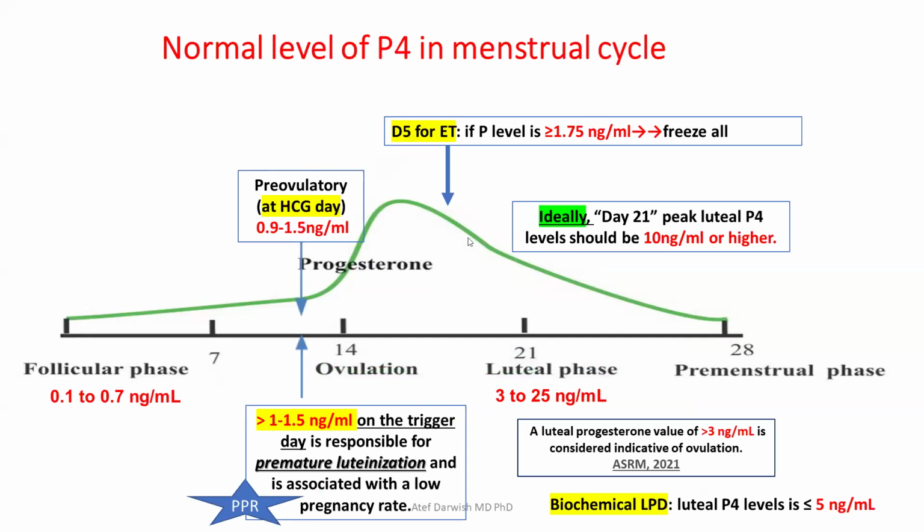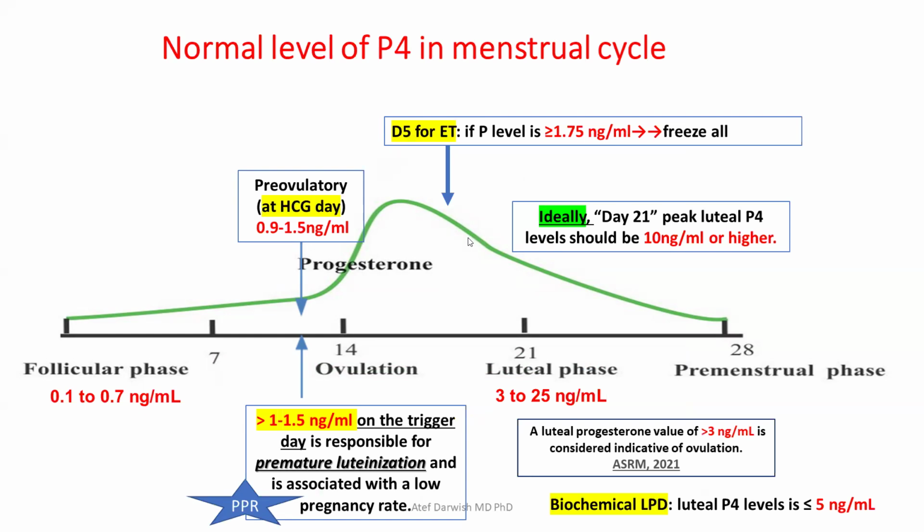What about the progesterone? We know in the early follicular phase, the progesterone level is very low, 0.1 to 0.7 nanogram per milliliter, and increases pre-ovulatory, but not rising more than 1.5 nanogram per milliliter.